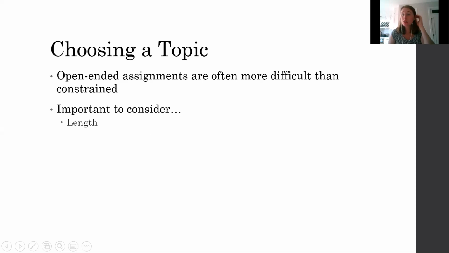Your professor may not have given you a topic, but it's possible that they do have some sort of expectation of length. So if it's an independent study class, then maybe your professor gives you several papers that are 5 pages long, 10 pages long, or maybe you're writing something of capstone length, which is also its own little animal. But it is important to consider that length.